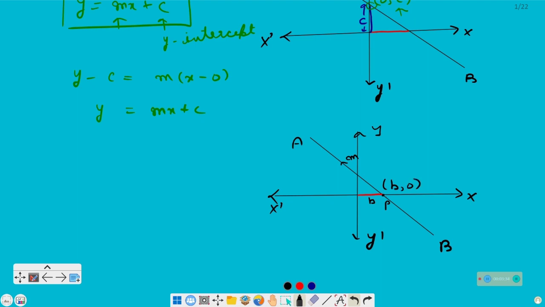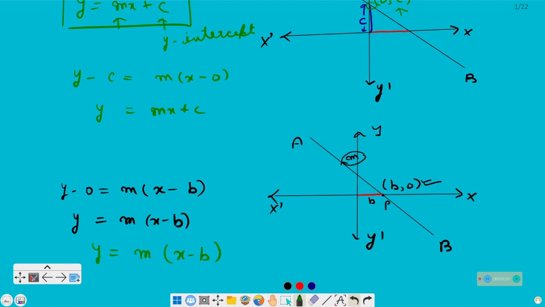Now the equation of line whose slope is m and passing through (b, 0) will be y minus y1, that is 0, is equal to m(x minus x1), y is equal to m(x minus b). और अब आप इसको फॉर्मूले की तरह लर्न कर सकते हैं. If m is the slope and b is the x intercept, then the equation of line will be y is equal to m(x minus b).